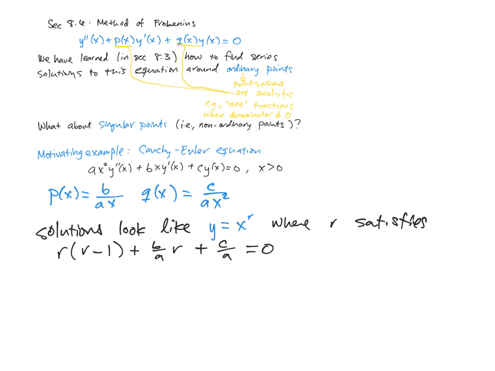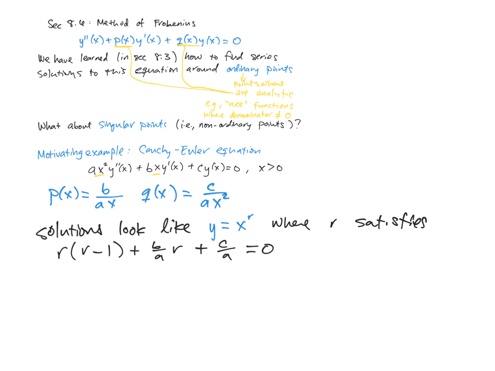Equals 0. And so the reason that this worked out is that if we plug in a power of r into this Cauchy-Euler equation and we start taking derivatives, the derivatives of this power function end up canceling out the x squared and the x there, which are the things that are causing the singular points.